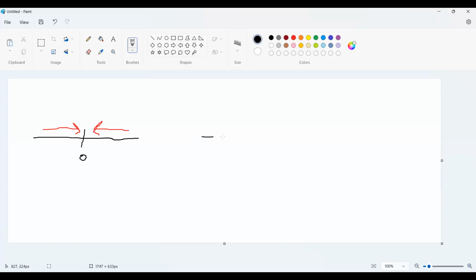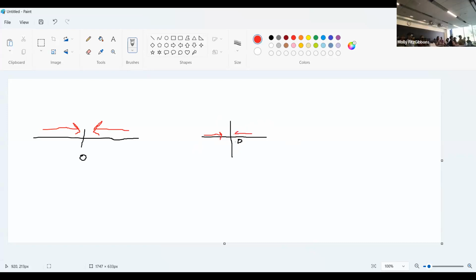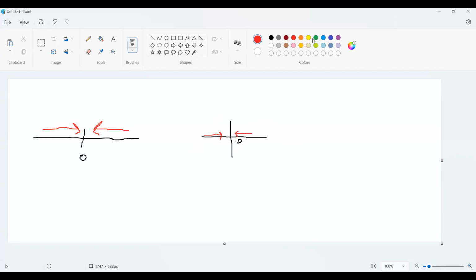If I now consider complex analysis, and again I have my point 0, I can come in from the left and the right as before. How else could I come in? The top and the bottom. I could come in from the top or the bottom, so I could add 2 new ways. Are there other ways I could come in?